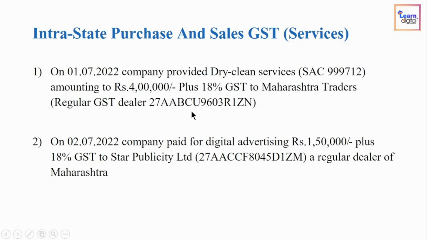So, just like purchase of goods, we will create different ledgers like the purchase ledger. Sorry, this is sales, no? So we will create a sales ledger, in the sense dry clean services. This is what we provide. So it is a service, dry clean service, and it will be under direct income because we provide service and we earn money.